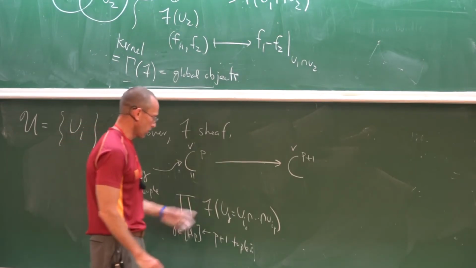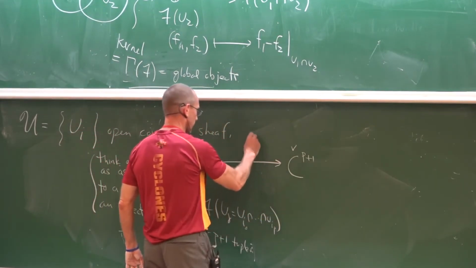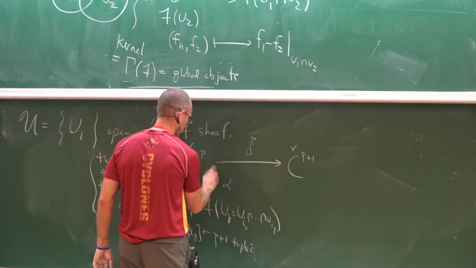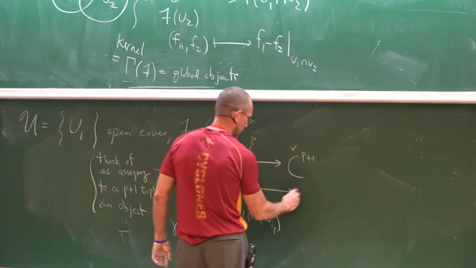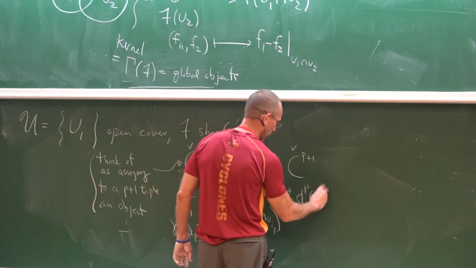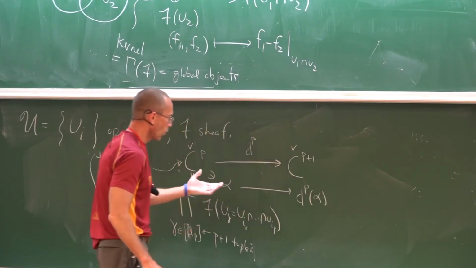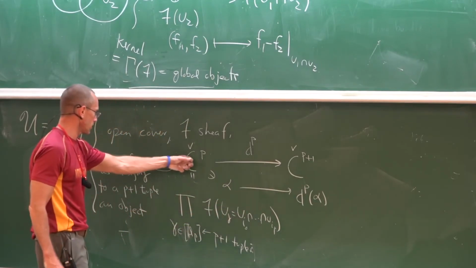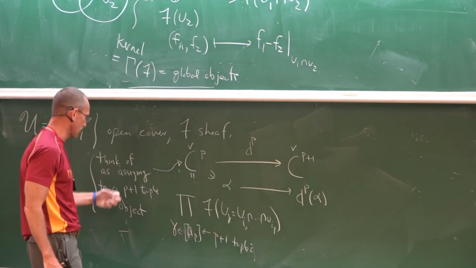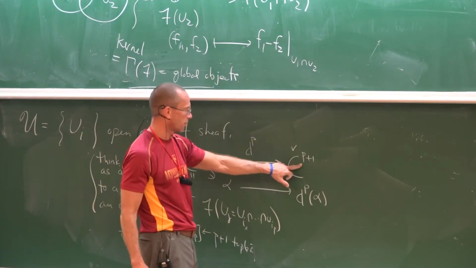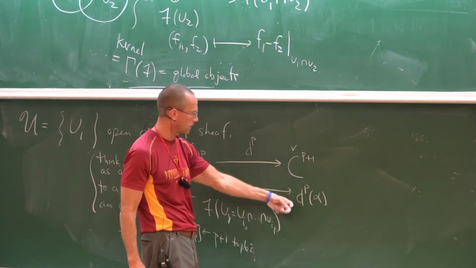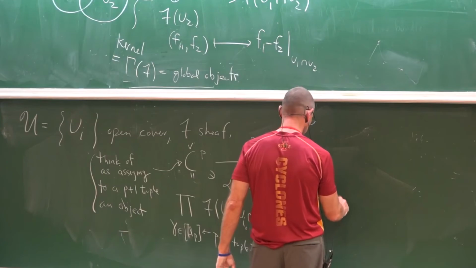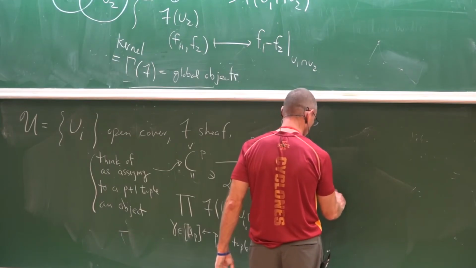Now, what's this d^p thing? Let's say alphas are in here, and I send my d^p of alpha over here. What is this? I have to tell you the recipe. The cochain assigns something to a p+1 tuple, so now this thing's going to eat a p+2 tuple.